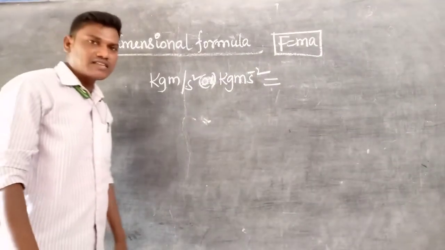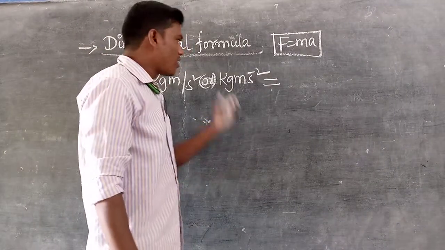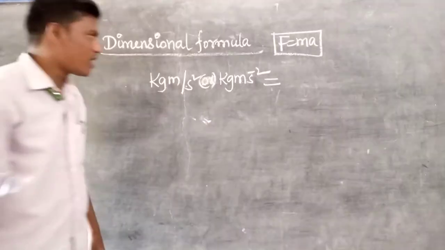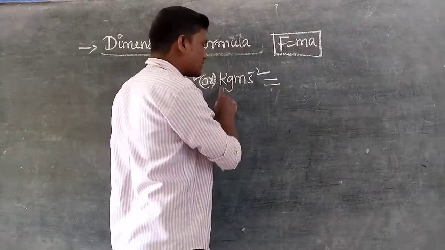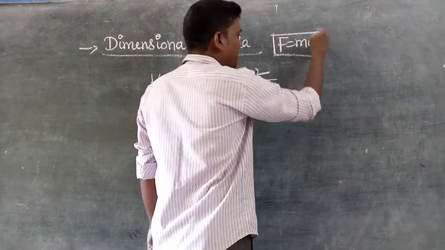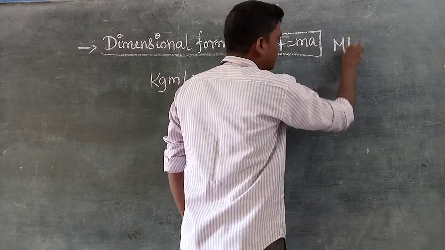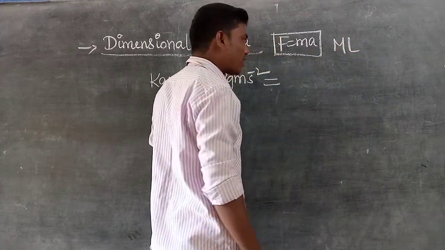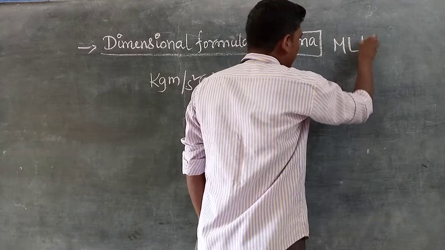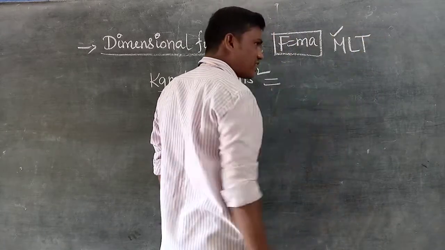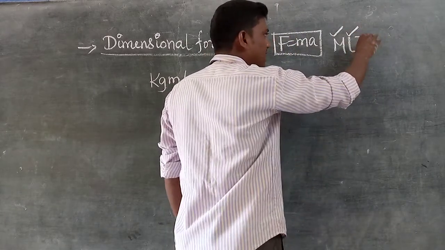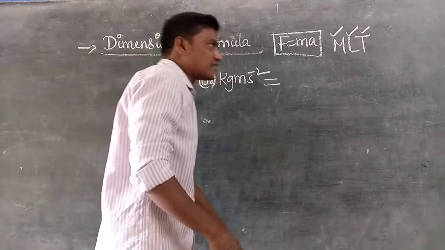So already in the 8th standard level, I clearly explained how we can write the dimensional formula. So kilogram is nothing but mass. In any dimensional formula, except in special cases, we are using mainly 3 primary fundamental quantities: mass, length, time. M represents the mass, L represents the length or distance, T is the time.